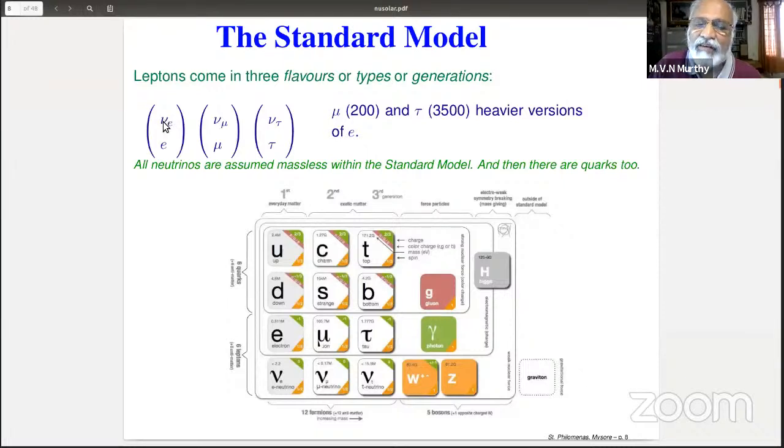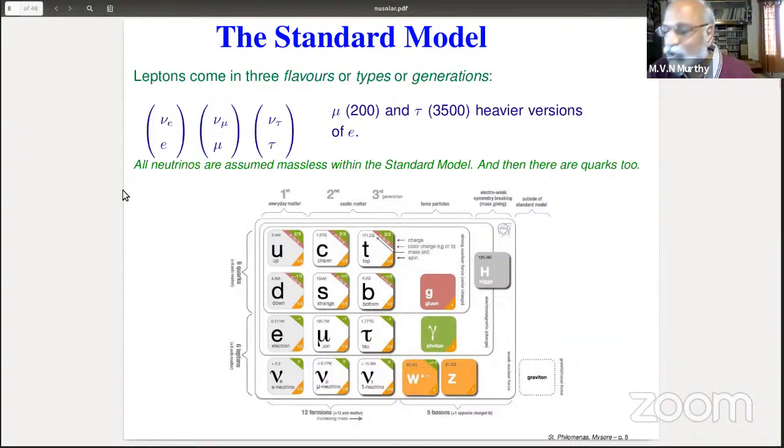But in so-called charge exchange interactions, this nu_e may produce an electron, but even though charge is conserved, it cannot produce a muon. This is known as lepton number conservation in general, but in particular, within each generation, the flavor content is maintained. Now, this is as far as the standard model is concerned.